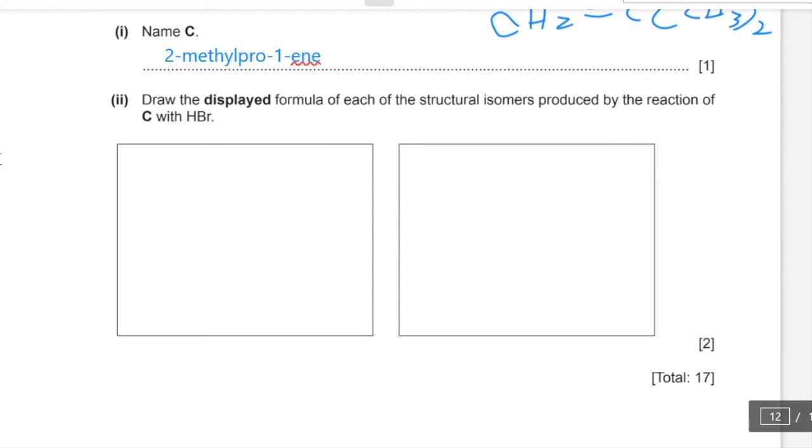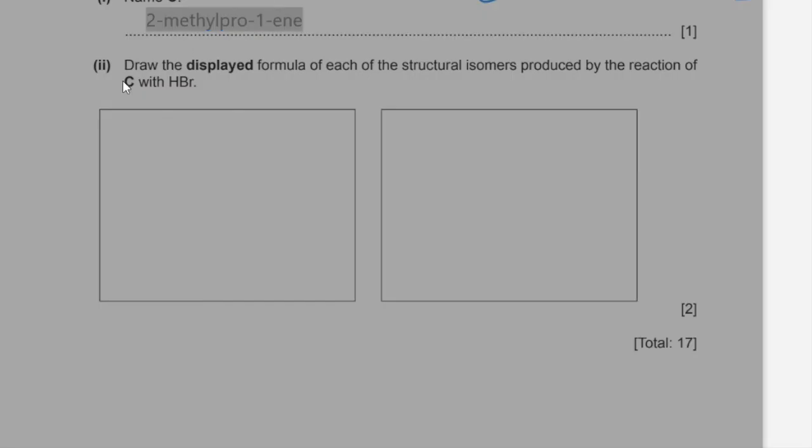To draw the displayed formula of each of the structural isomers produced by the reaction of C with HBr, with hydrogen bromide. Alright. So in the first case, we can have the carbon atom bonded to hydrogen and the second one bonded to bromine.